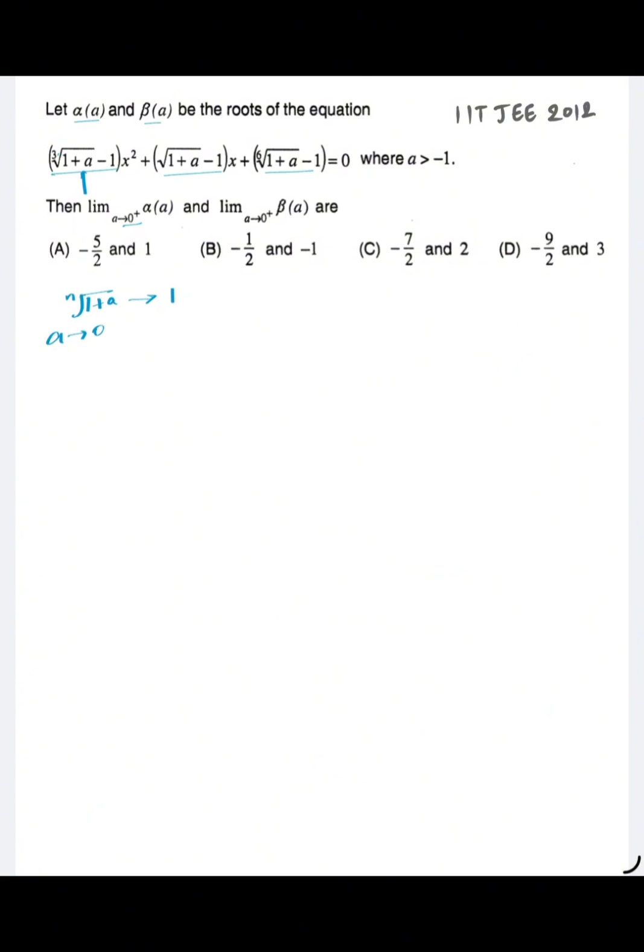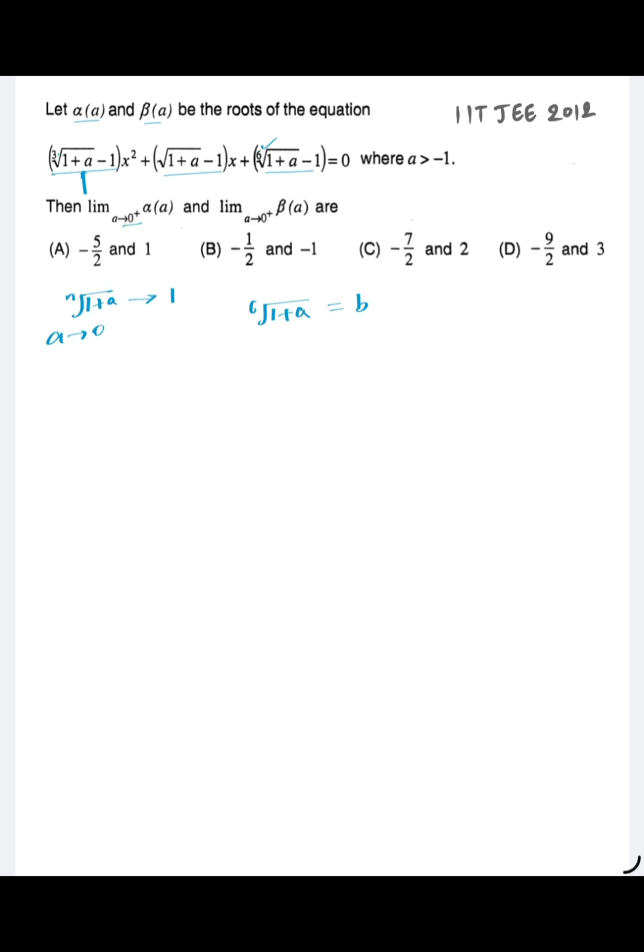If we look carefully, we can see that this is 1 plus a to the power 1 by 6, this is 1 by 2, this is 1 by 3, and you can see they are linked, 6 is a multiple of both 2 and 3. So one way is that we assume 1 plus a to the power 1 by 6 equals b.